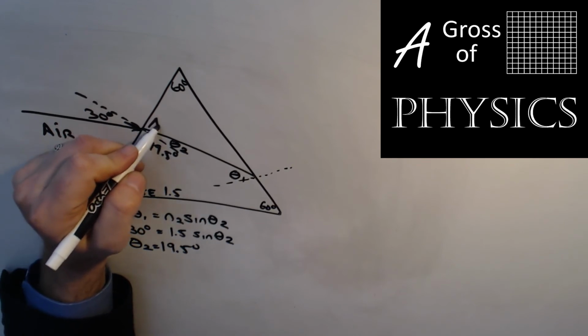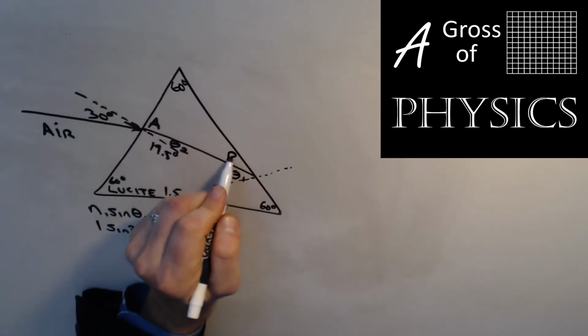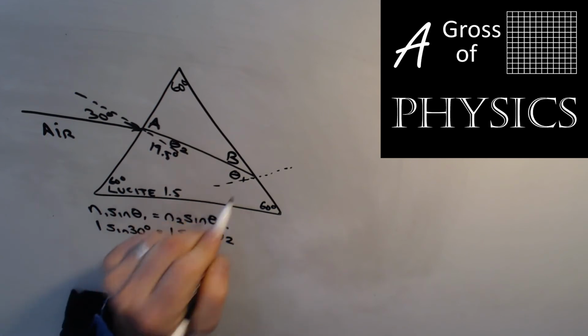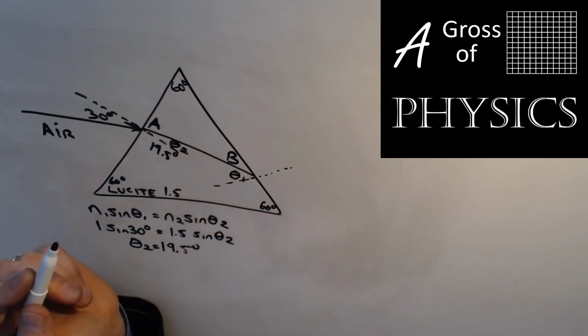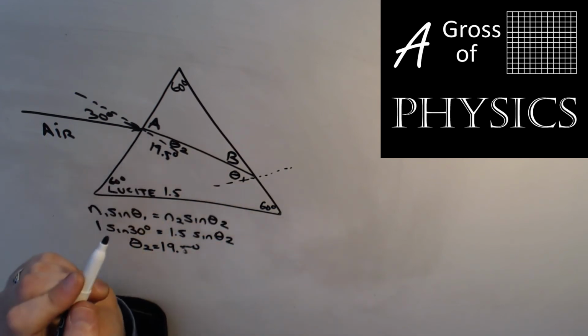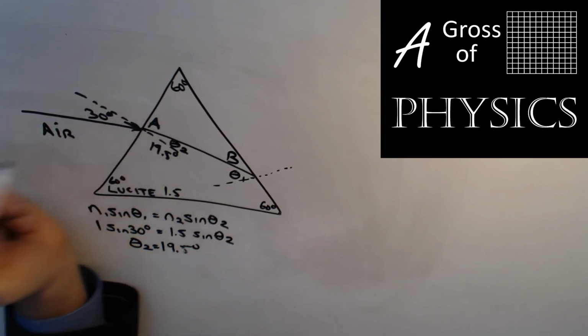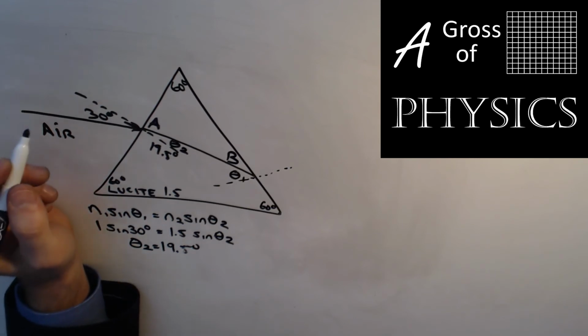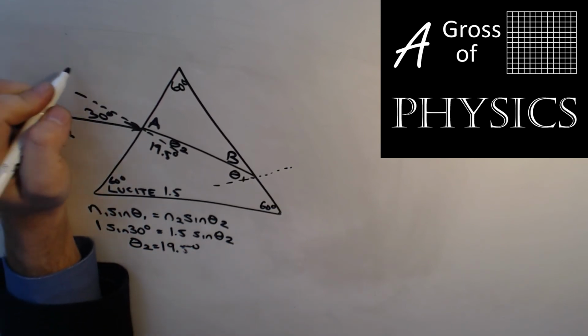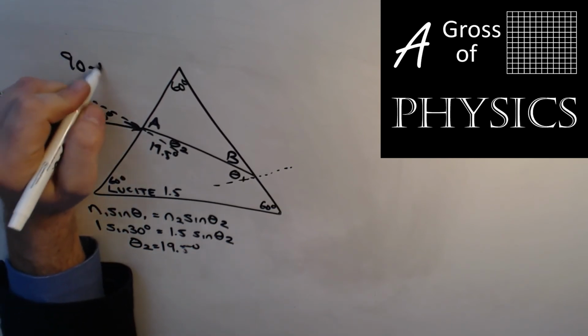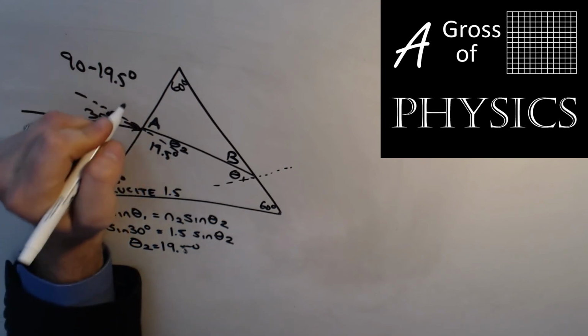So we need to know angle A, then we need to know angle B, and then we can work our way to get theta 1 for the second combination. Now how are we going to get A? Well, if we look at this surface, remember this dotted line is a normal line. So to find A, it's going to be 90 minus 19.5 degrees, and that should get us A.